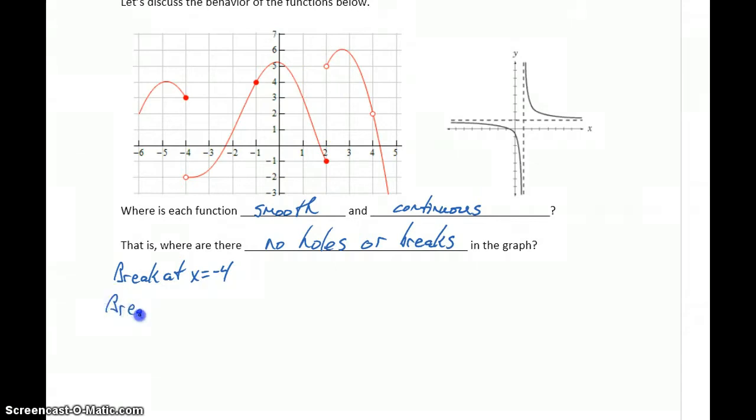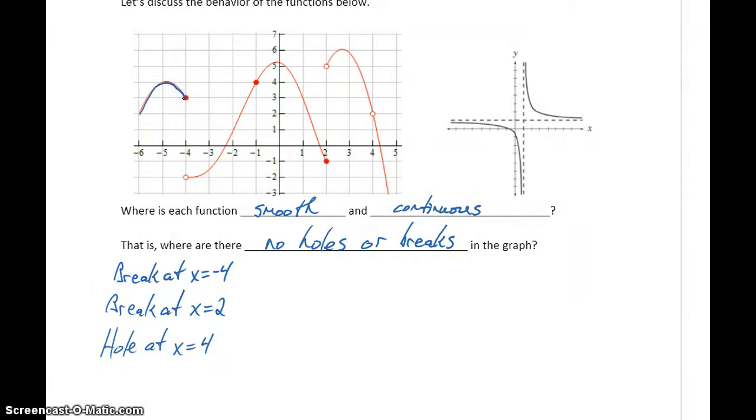So we have a break at x equals 2. And then we could continue along, and then we'll hit another hole or break, in this case an open circle, so a hole in the graph at x equals 4. When we're talking about this idea of no holes or breaks, where our function is smooth and continuous, we're interested in where we could trace this function without picking up our pencil.